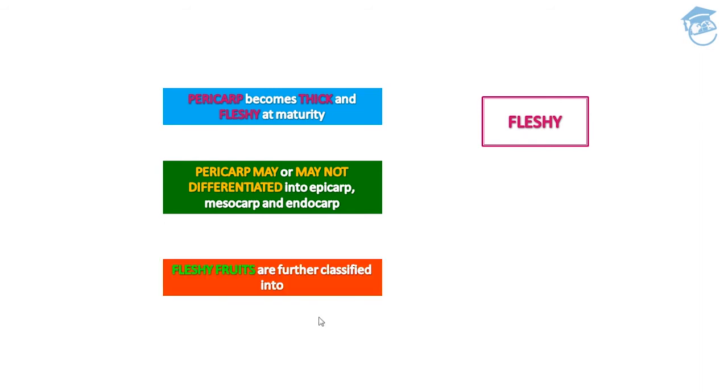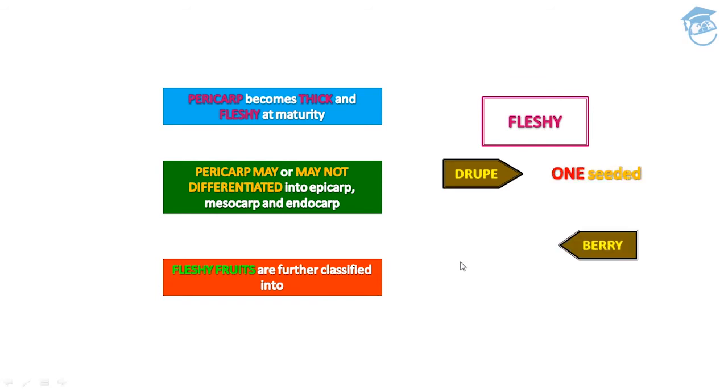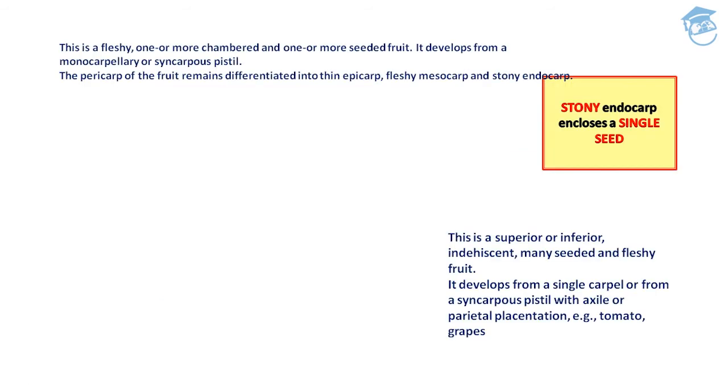Fleshy fruits are further classified into drupe, which is one seeded, and berry, which is many seeded, such as tomato. Now we'll talk about the drupe, students. Drupe has a stony endocarp that encloses a single seed. This is a fleshy, one or more chambered or one or more seeded fruit.